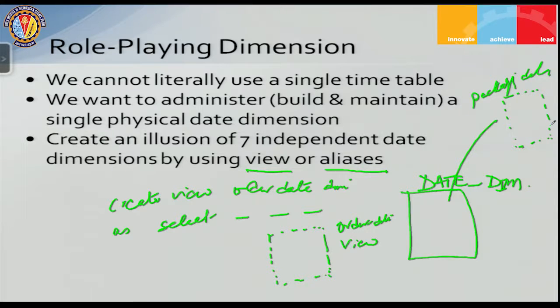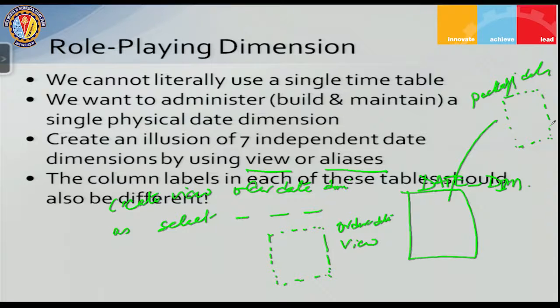So what we do is we create an illusion of 7 independent date dimensions by using views or aliases, and the column labels in each of these tables should also be different. And why should they be different? Because if I keep the same names and I drag them into a report, I will not be able to differentiate whether a column is coming from the order date dimension or the packaging date dimension.